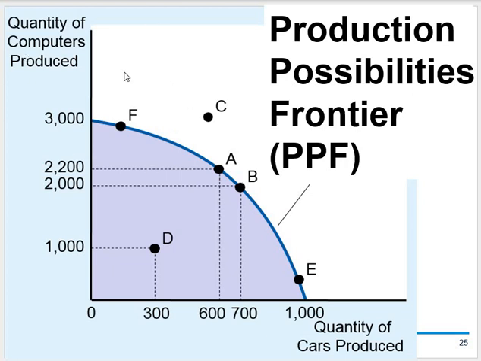So in this example, we assume a firm can produce computers as well as cars. They need to make decisions between how many computers and how many cars they could make. Of course, the more computers they make, the less resources are left for cars. And if they put much of their resources in car production, then they can make very few computers.